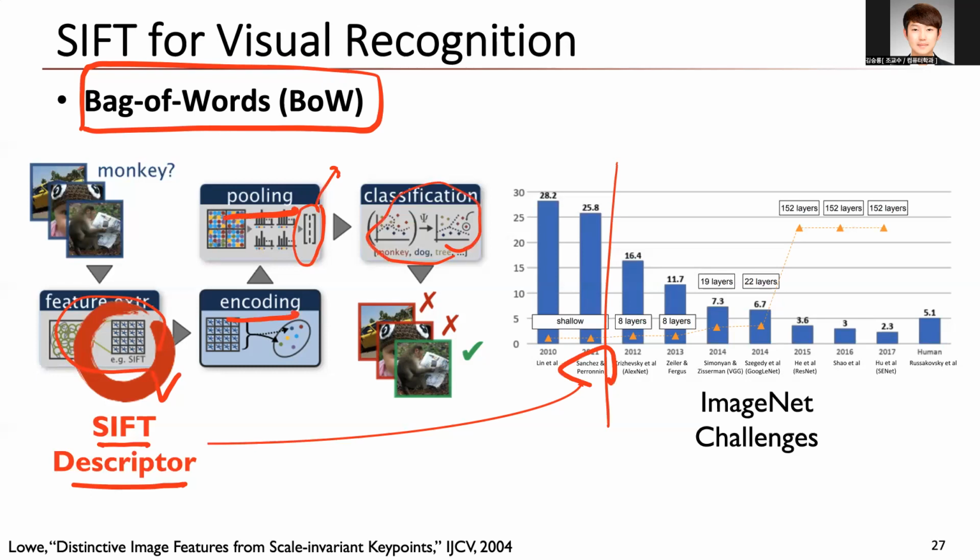But after AlexNet, everything changed. CNN consists of sequential layers from small layers to the... let me show you an example. A CNN model consists of local layers or coarse layers to fine layers, from shallow layers to deep layers.